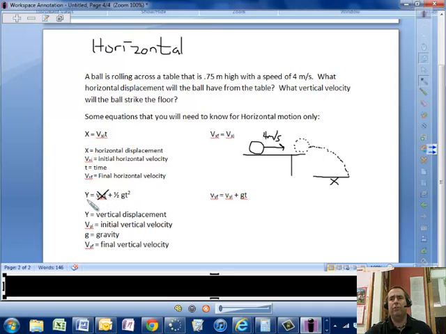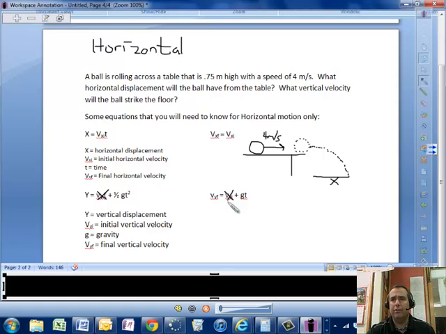And then the other equation that you're going to have is VYF. Final vertical velocity is going to be equal to the initial vertical velocity plus gravity times time. Guess what you did earlier? You X that out because, again, there was no up and down motion. For horizontal motion only, we can do this. If we have both horizontal and vertical, we're not going to be able to do that.